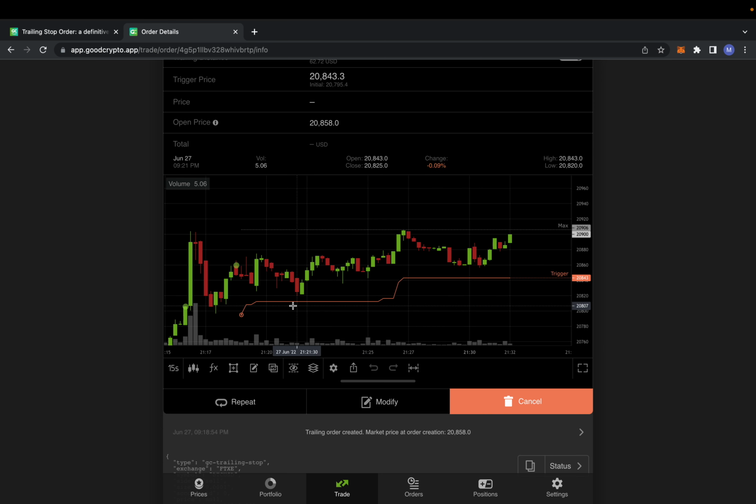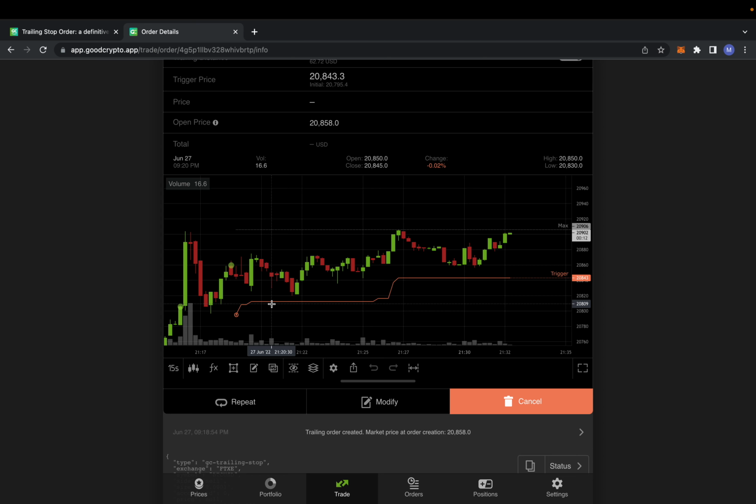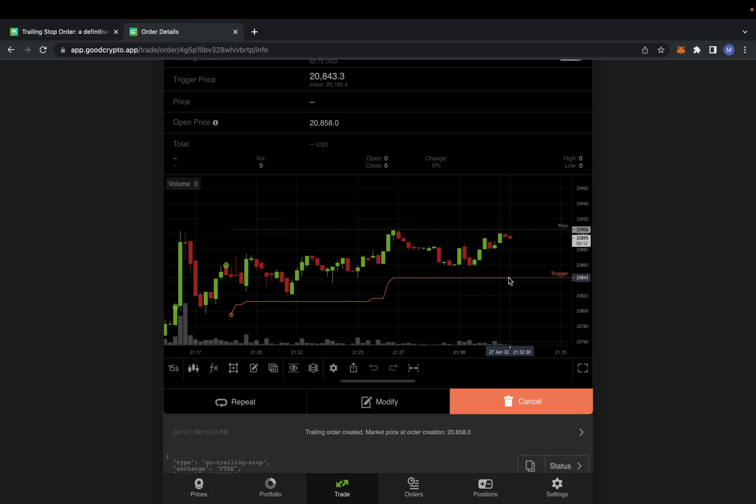For a sell order, you want to sell higher, so if the price moves up, the order trigger will move up with the price. But if the price goes against you, the trigger stays in place, and when the price touches the trigger, a market order is sent. That's pretty much how the trailing stop order works.